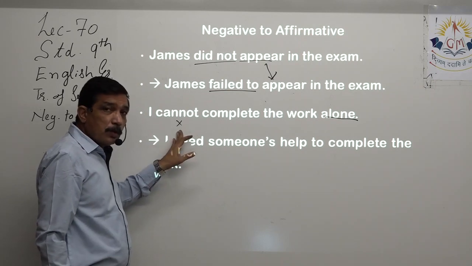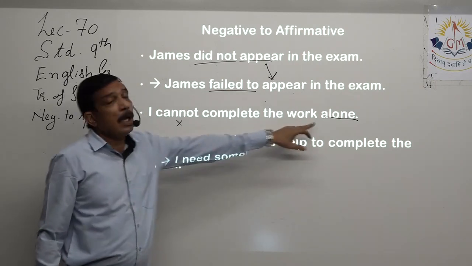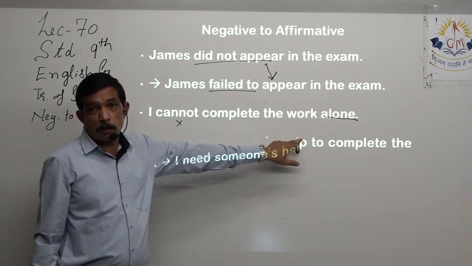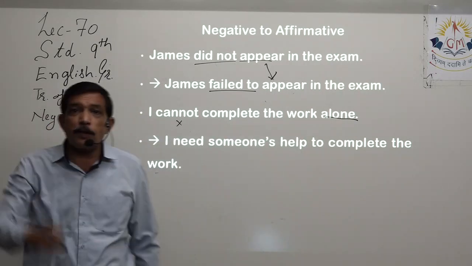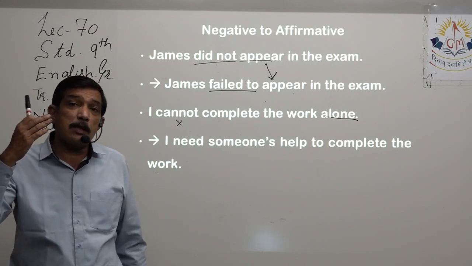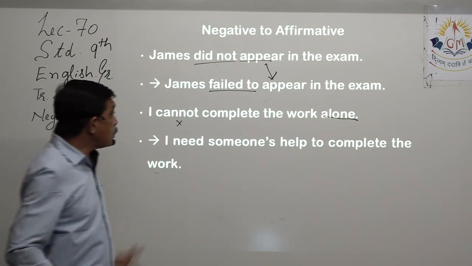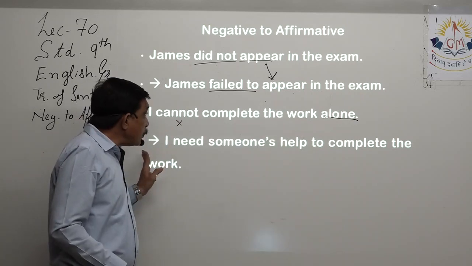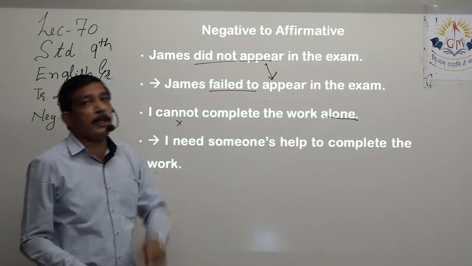We have to remove that, but more important is alone. Even if you try to, I cannot complete the work, then it has a totally different meaning, and the sentence is also quite different. Suppose I give the sentence, I cannot complete the work, then the answer will be, I am unable to complete the work.